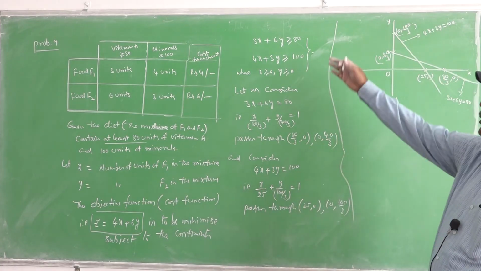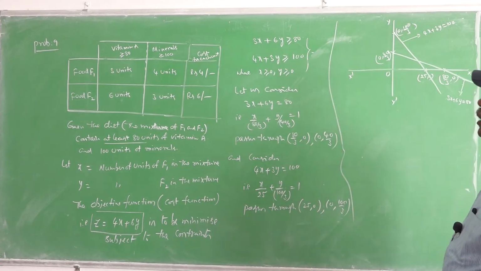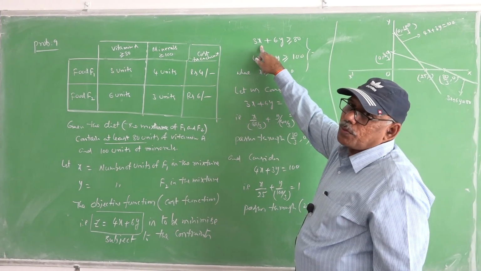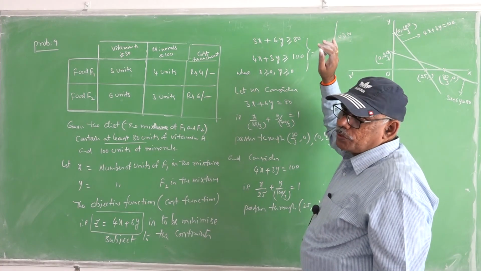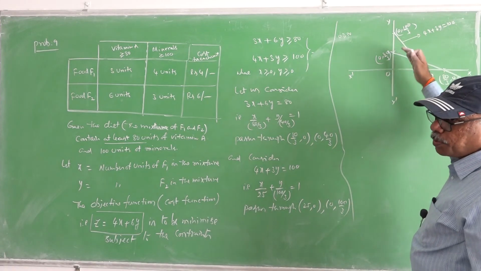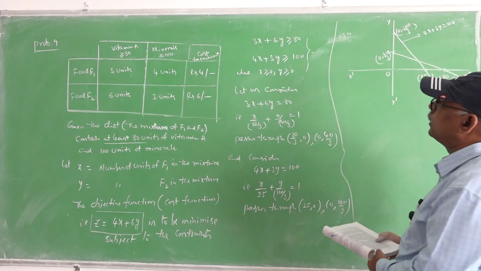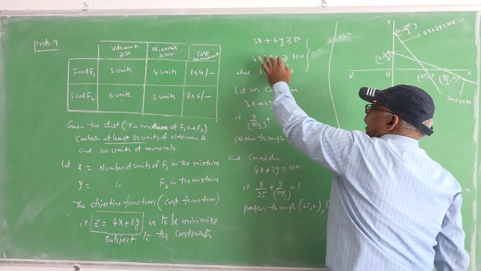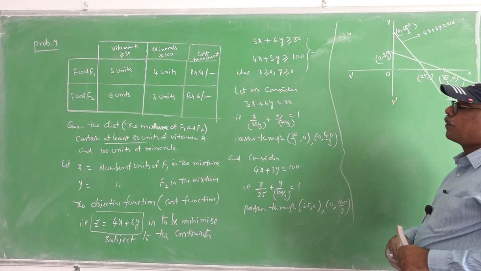So the constraints are satisfied by the region above the lines, because of the greater than or equal to. Once you put x equal to 0, y equal to 0, we get 0 is greater than or equal to 80, which it does not satisfy. Hence, the region to be considered is above the line, because 0 does not lie in the region represented by the inequality. Because 0 does not satisfy this inequality and this inequality, the origin does not lie in the region represented by the inequalities.